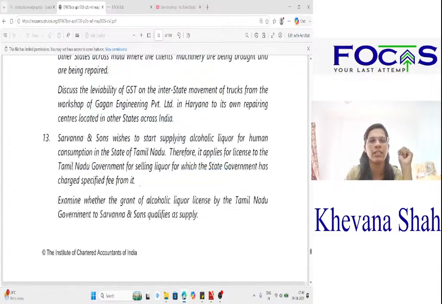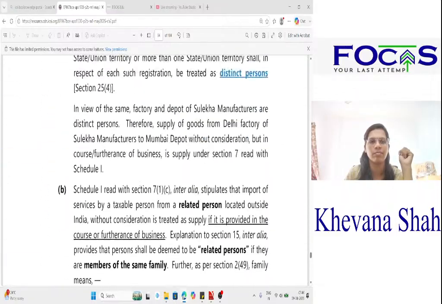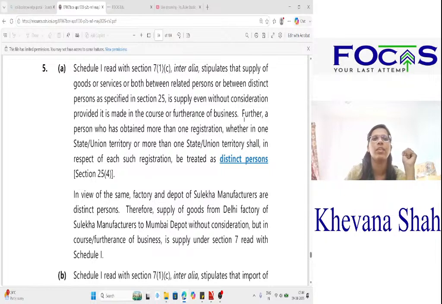Now let's see the answers. Okay. So 5.1a, what it says, Schedule 1 read with section 7.1c inter alia stipulates that supply of goods or services or both between related persons or between distinct persons as specified in section 25 is supply even without consideration provided it is made in the course or furtherance of business.